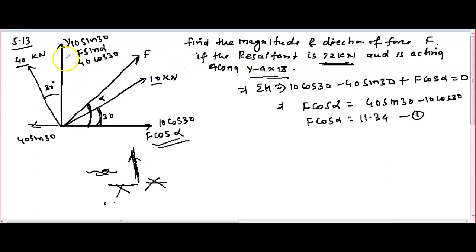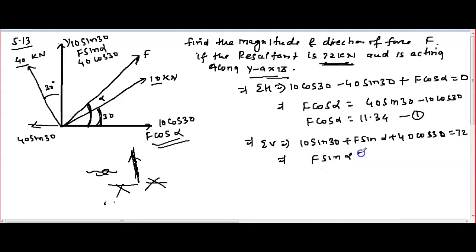Similarly, the vertical forces: 40 cos 30 is equal to 72. Getting here? So F sin alpha is equal to 32.36, equation 2. Any doubt in this?